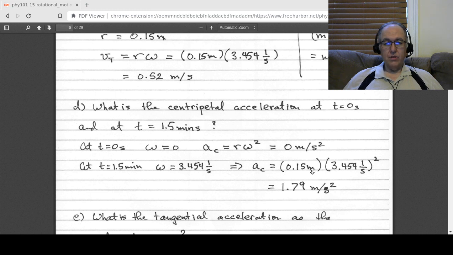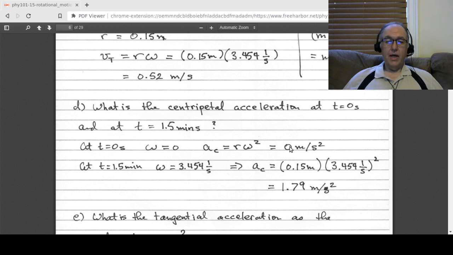AC is 0.15 meters times 3.454 per second squared, and when you work this out, you get 1.79. Notice the units: you get a meter, then a per second squared, so 1.79 meters per second squared.